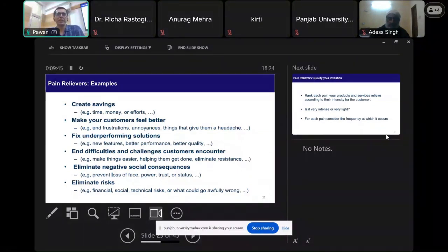So the broad message is you have to define which pain of your customer you are solving with your product. If you're not able to define it properly, then you don't have a business, right? It could solve more than one pain, but every product eventually has one direct problem which it is solving, and you have to identify that very, very clearly.